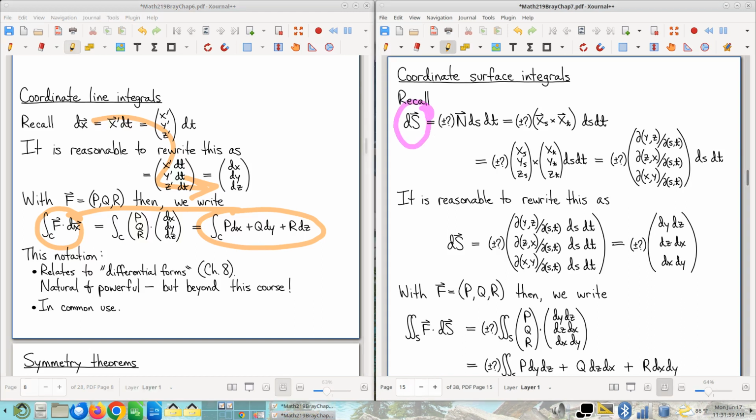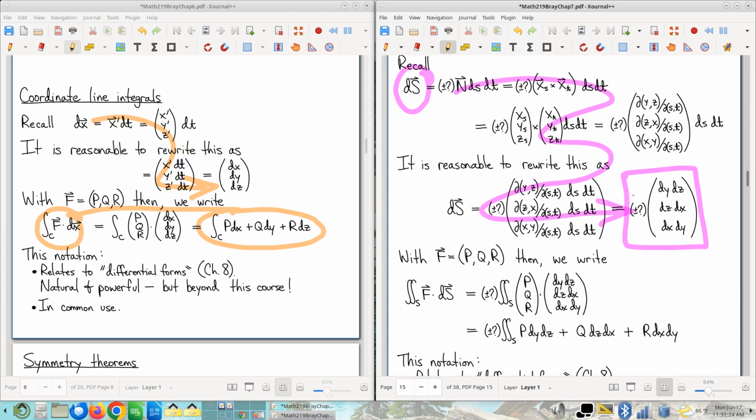Your vector differential, ds instead of dx, but still vector differential. Actually, it's a little more than that, isn't it? It can be rewritten with respect to coordinate differentials. The punchline is that it gives me an alternative notation for how to write vector surface integrals.